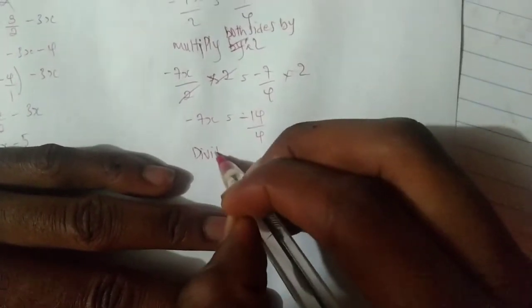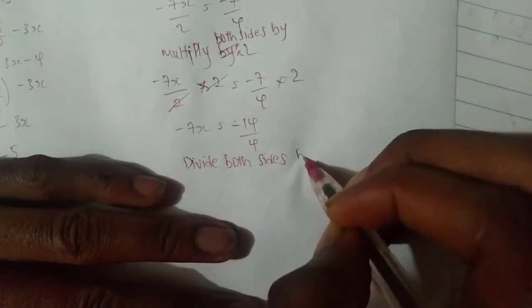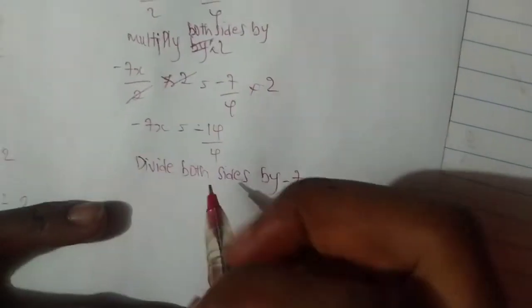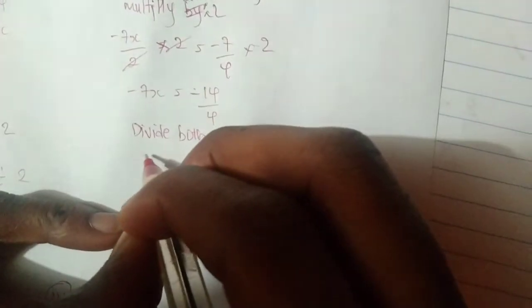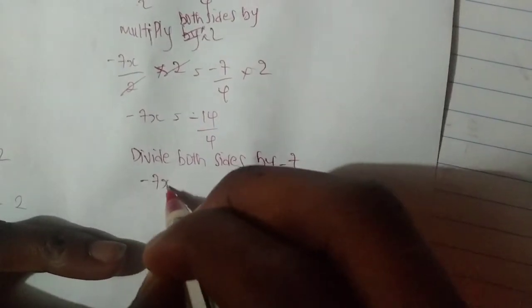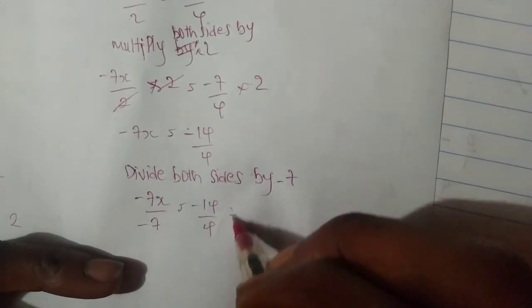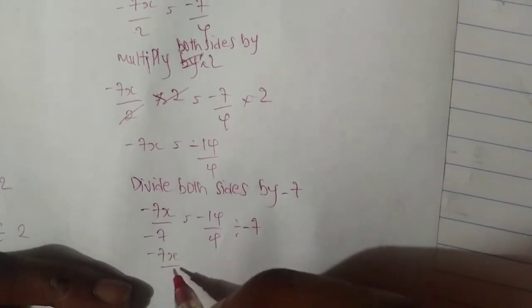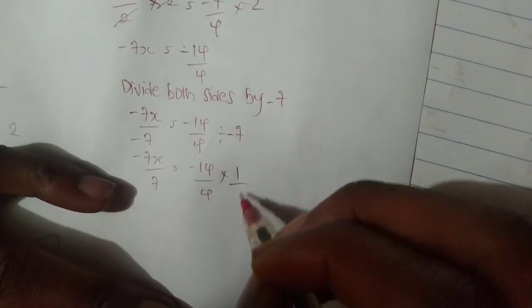Now we can divide both sides by minus 7 because we are looking for our x, and minus 7 is holding us from finding our x. So when we divide both sides by minus 7, we have minus 7x all over minus 7 is equals to minus 14 all over 4 times 1 over minus 7.